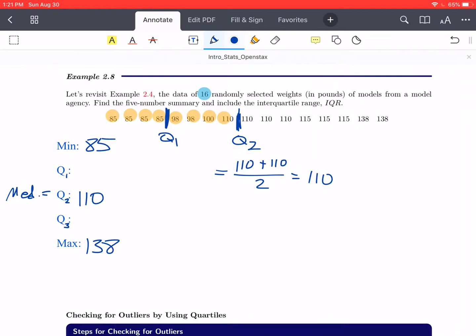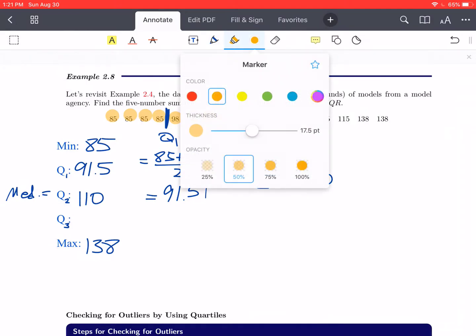And so now we do really need to do this calculation. So this is 85 plus 98 over 2, which is 91.5. So that's our first quartile. That tells us that 25% of the data lies below that number and 75% lies above that number.